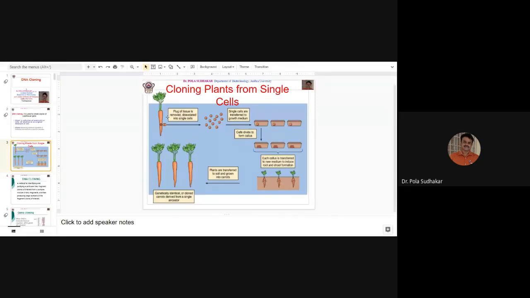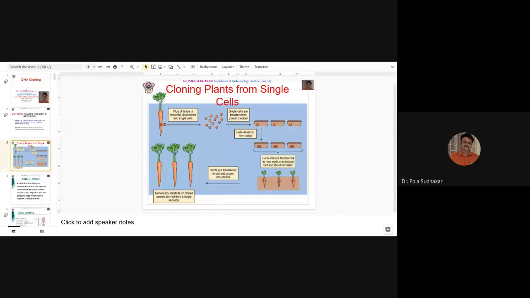Okay, in the third semester you are going to study plant tissue culture. In plant tissue culture, you can take a few cells or tissues from the plant and culture them on artificial media supplemented with macroelements, microelements, vitamins, growth hormones, and a carbon source under controlled conditions.